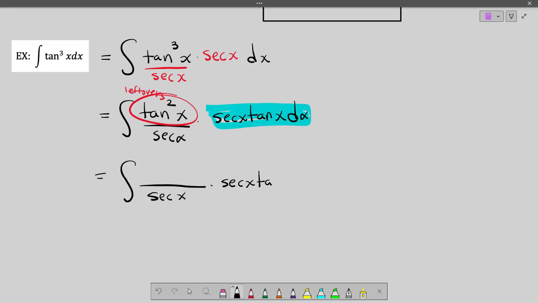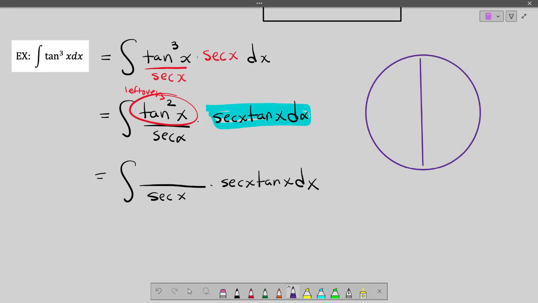Secant squared minus 1. So we go back to that circle I showed you that is the best visual imaginable to remember this identity. So if we go to the unit circle and we extend beyond theta, we extend beyond the terminal ray there, if we look at this triangle, that is the best way to visualize and to remember this identity, unless you want to do algebra.